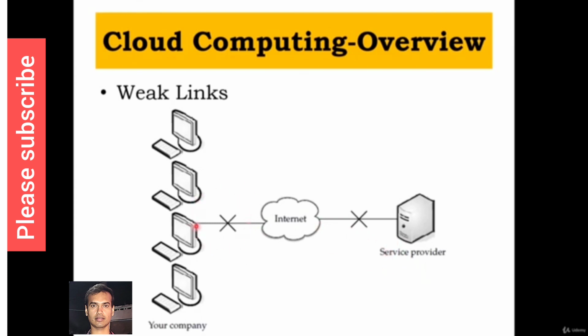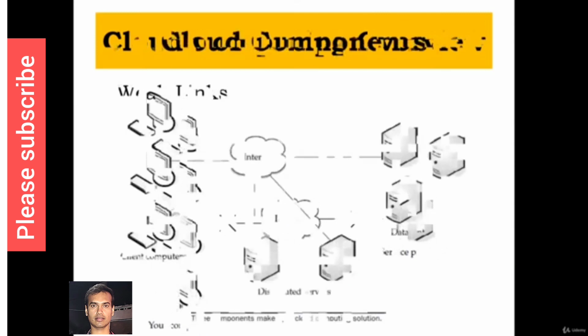If this link is weak, then we will be unable to access the services offered by this service provider. And if this link is good enough, but the service provider has a weak internet link, then also the client will not be able to get access to the services offered by the cloud service provider. So here the difficulty is internet connectivity. If we have weak links, we will be unable to use the services of cloud computing.